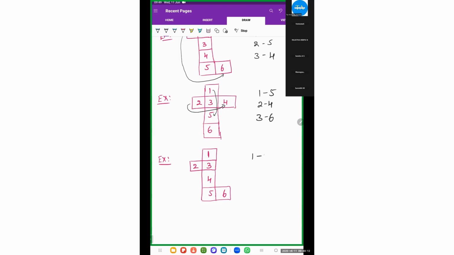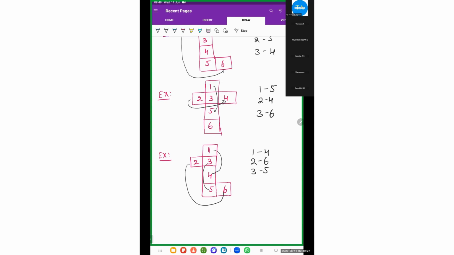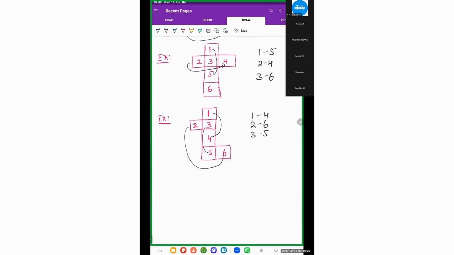Then two opposite is 6. Then 3 opposite is 5. Clear? So, one more example.